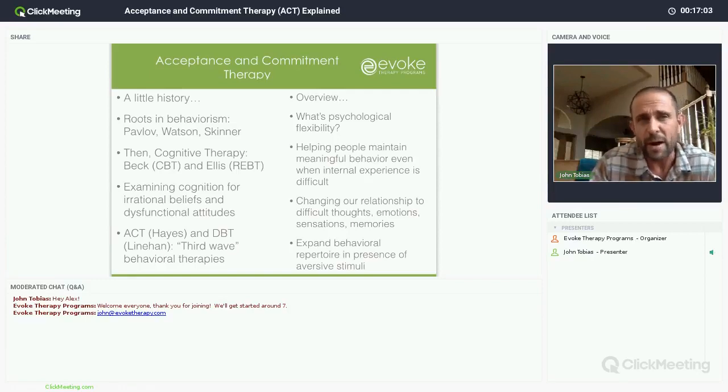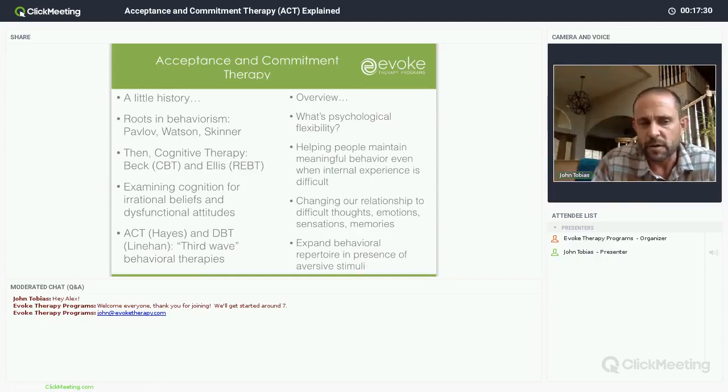And then in about the 1980s, the third wave of behavior therapies came along, and that's where ACT comes onto the scene in about the mid to late 1980s. And a guy by the name of Stephen Hayes is considered the founder of ACT, although there were others that worked with him, but he's really considered the founder of ACT.